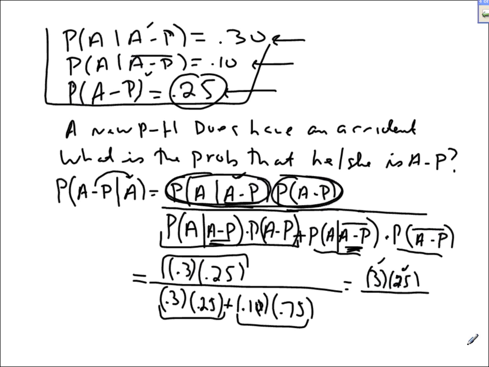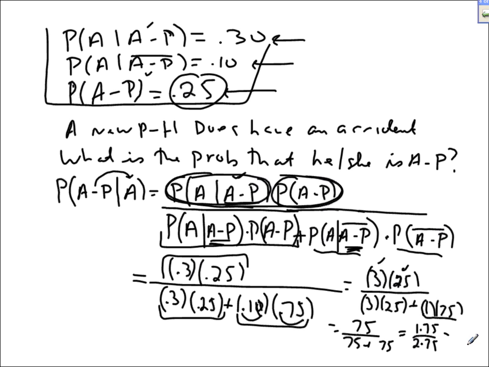Same thing in the bottom left: I moved the decimals 3 places, plus this 1 place, and that 2 places. I get 1 times 75. The top is 75, and the bottom is 75 plus another 75. So I have 75 on top and two 75s on the bottom.